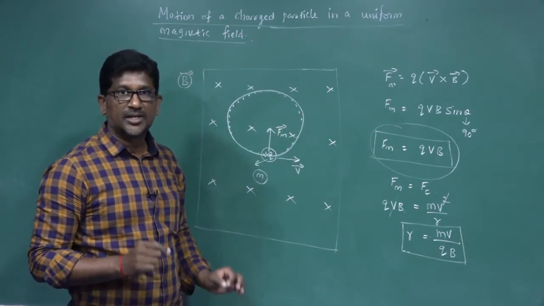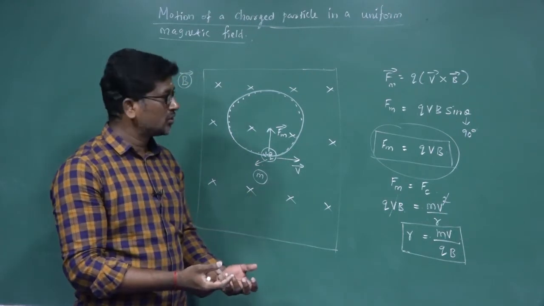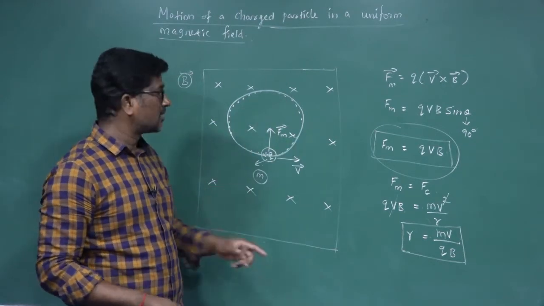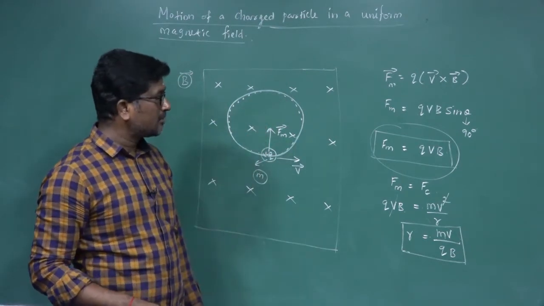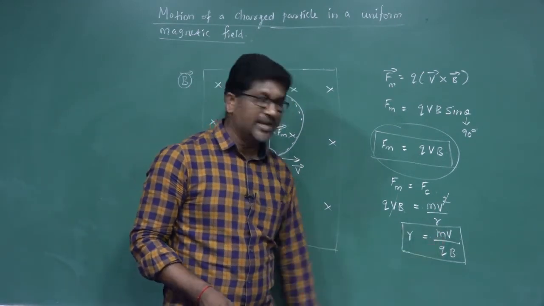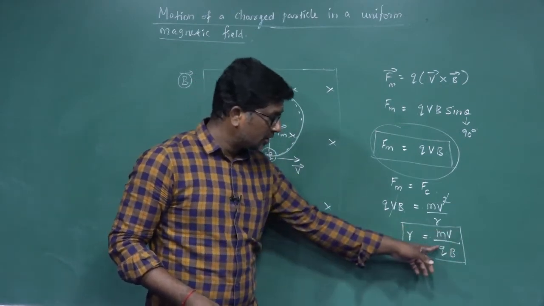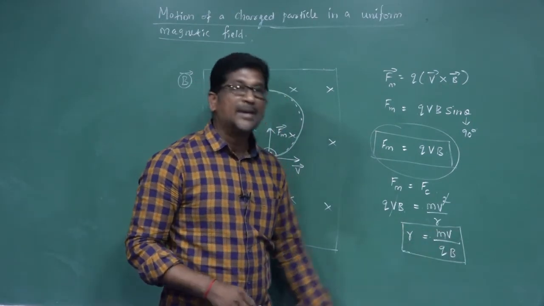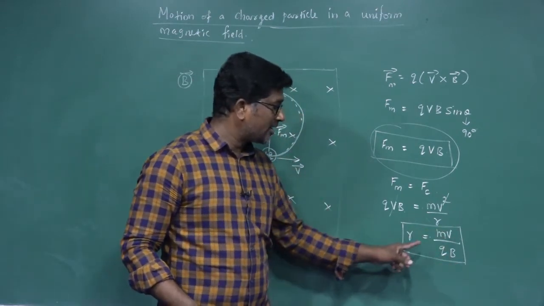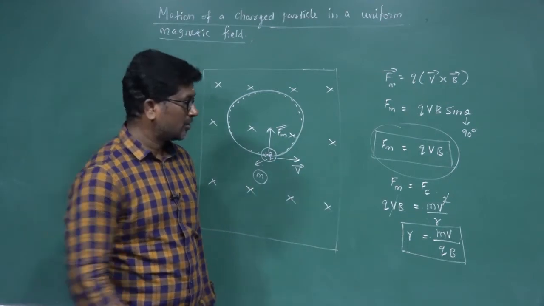The radius can be calculated using the formula r equals mv divided by qB, where m is the mass of the charged particle, v is its velocity, q is the charge magnitude, and B is the magnetic field. If you know these four values, we can calculate the radius of the circular path.